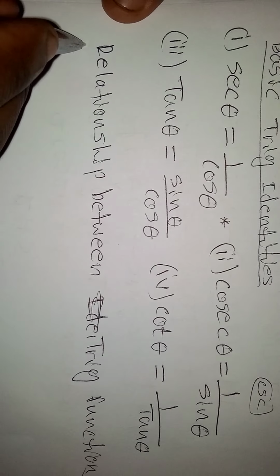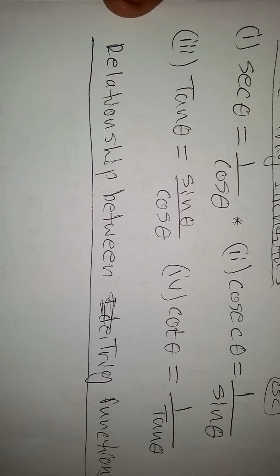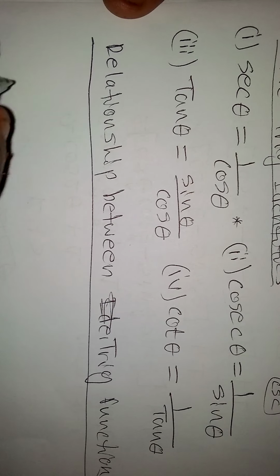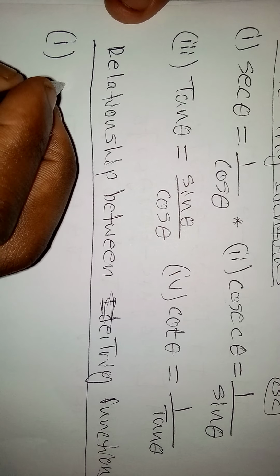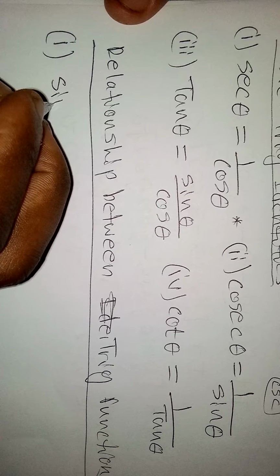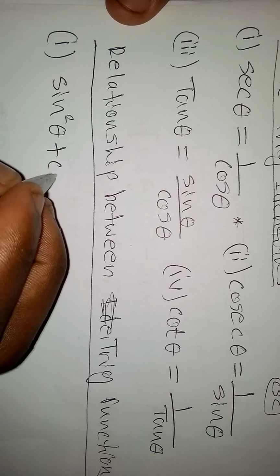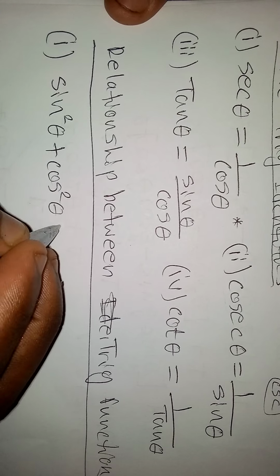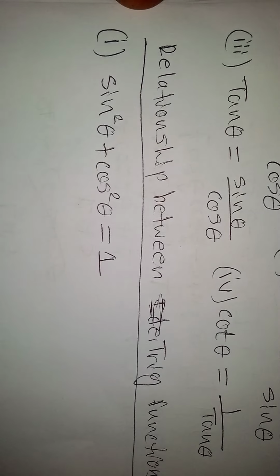So the relationship that exists between cos and sine, and between sec and tangent. Here the first relationship is sine squared theta plus cos squared theta is equal to 1. So that's a relationship that exists between the two.